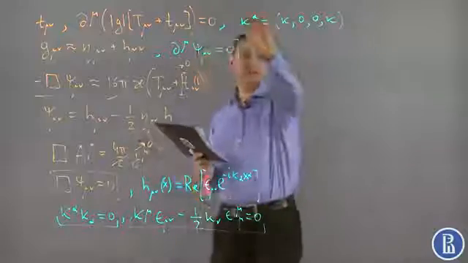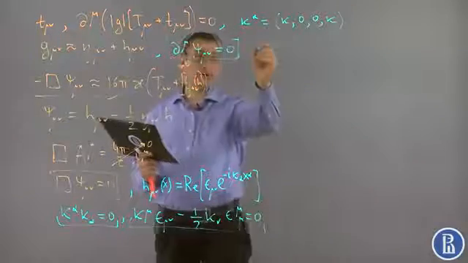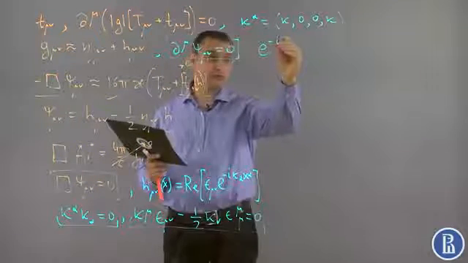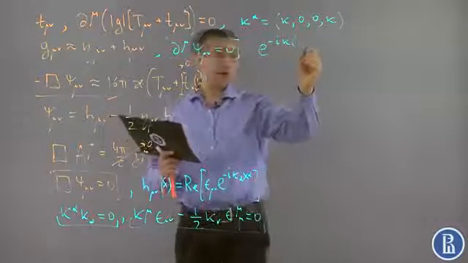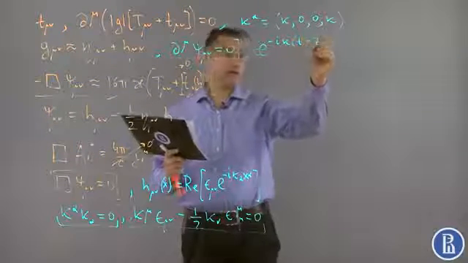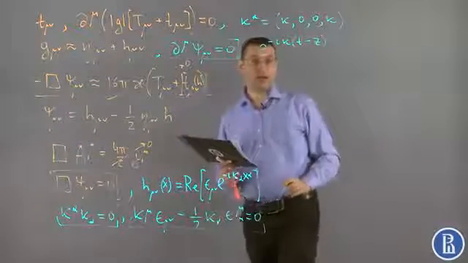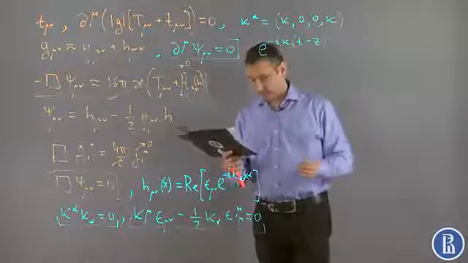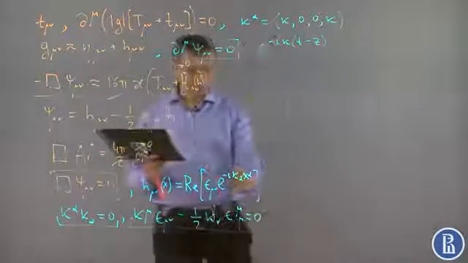If we plug this vector into the exponent, we obtain the following situation. The exponent just acquires the following form: k(z minus t), or t minus z, which describes a wave propagating along the third direction with the speed of light. So we just plug it here.